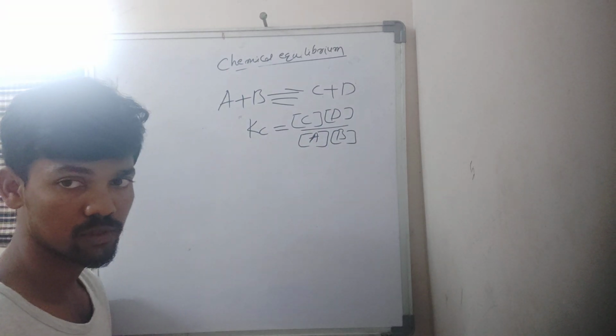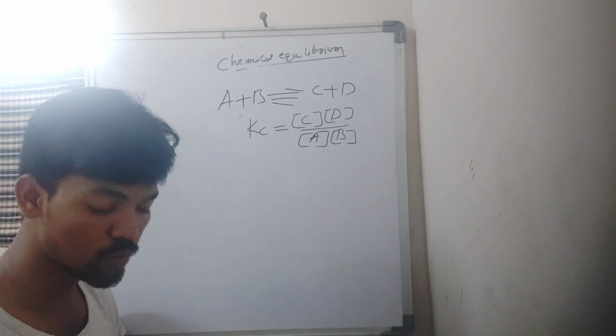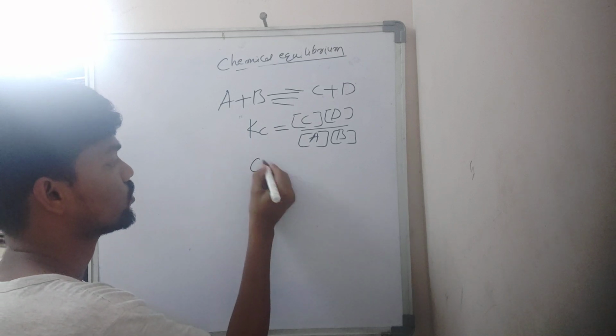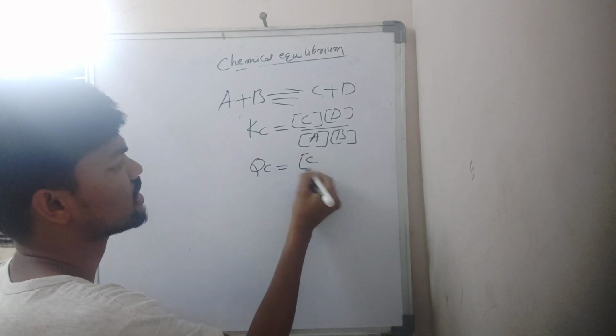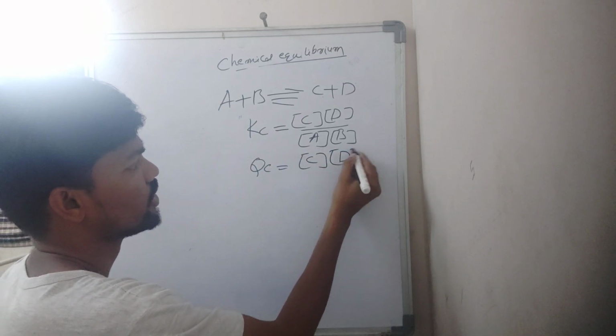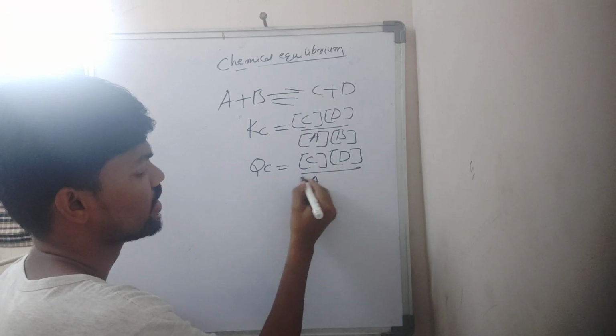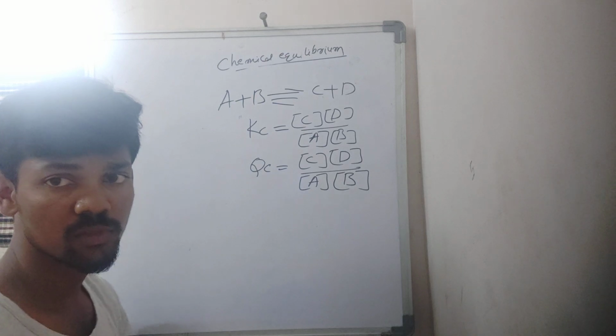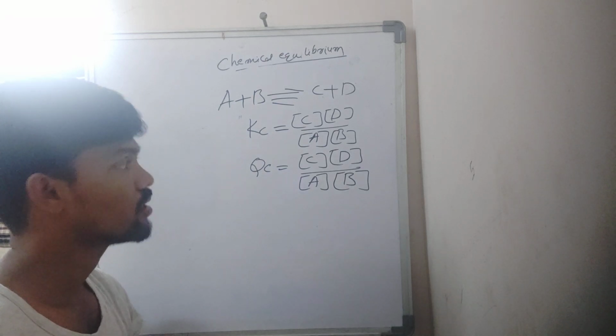Then Qc, the reaction quotient. Qc, how can you find out? Same: C concentration into D concentration by A concentration into B concentration. Okay.